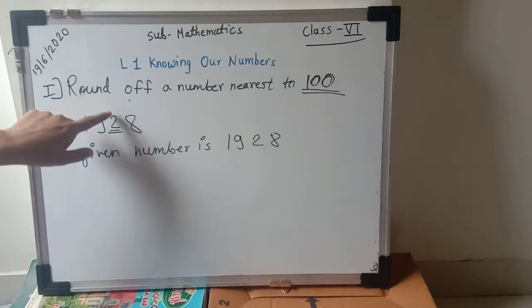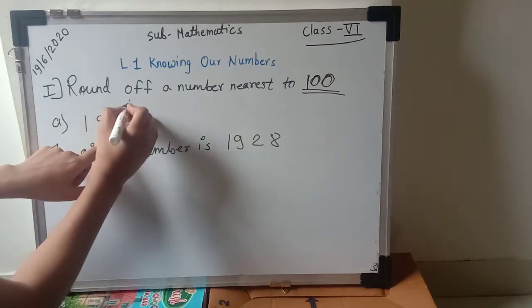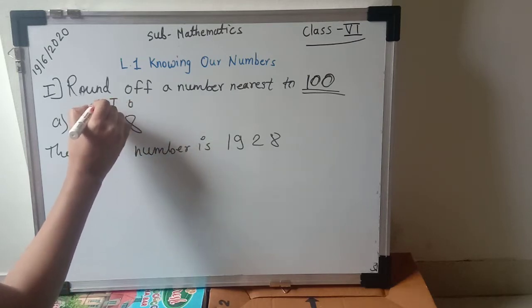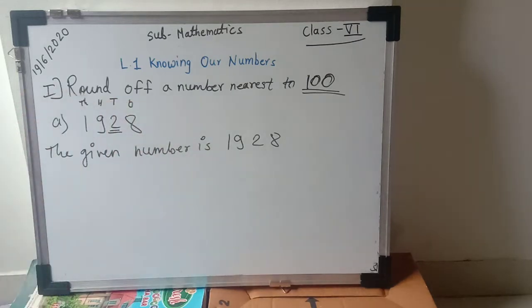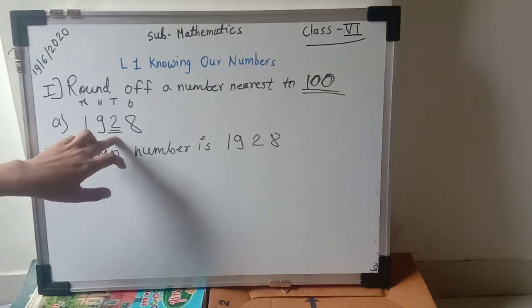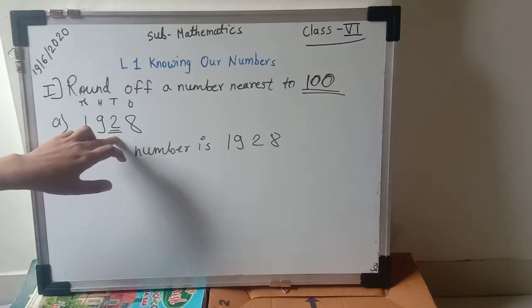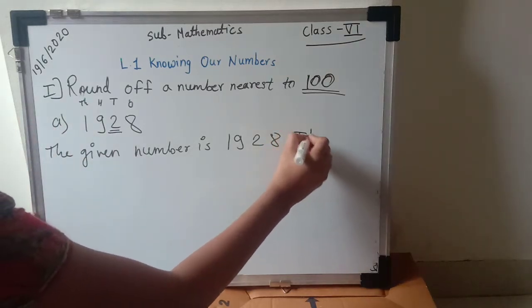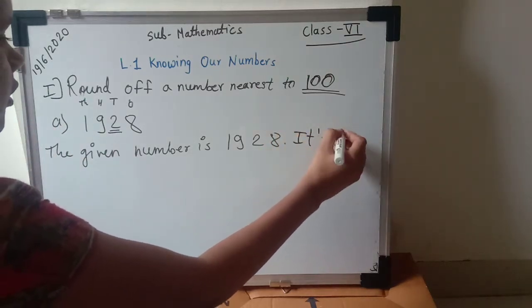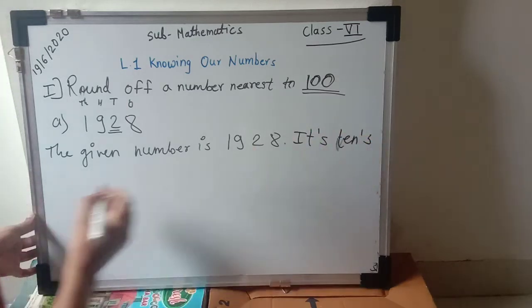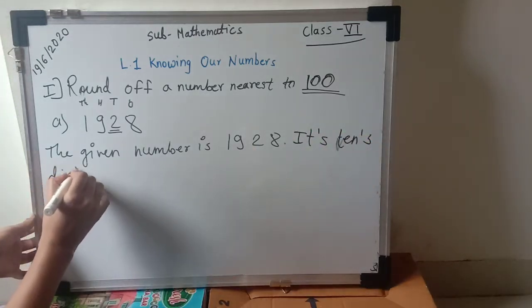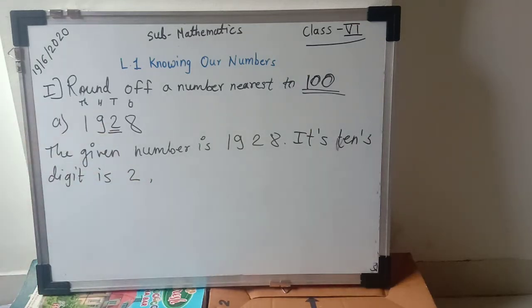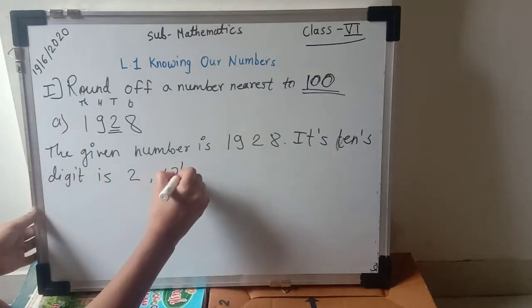I'll write the initial letters of the place names: ones, tens, hundreds, and thousands. Here the tens digit is 2.